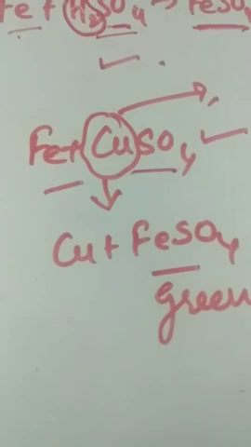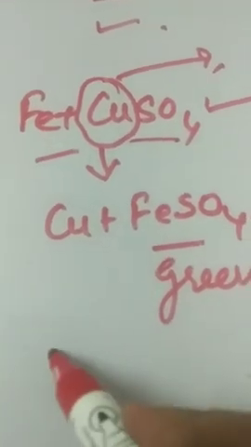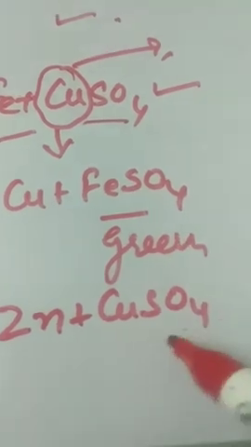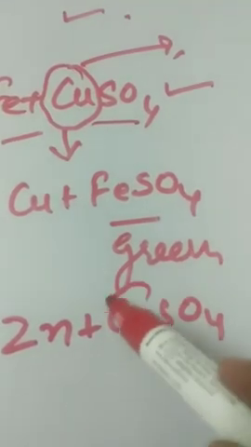Similarly, zinc, when placed in copper sulfate solution, which is blue in color, also displaces copper from copper sulfate and forms zinc sulfate and copper, which is brown red in color, and the zinc sulfate solution formed in the test tube is totally colorless.